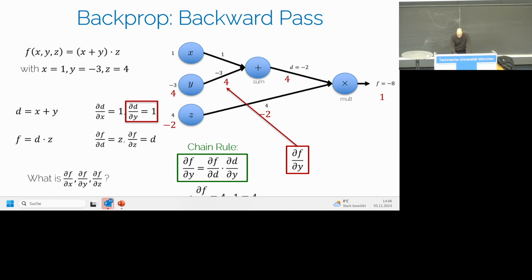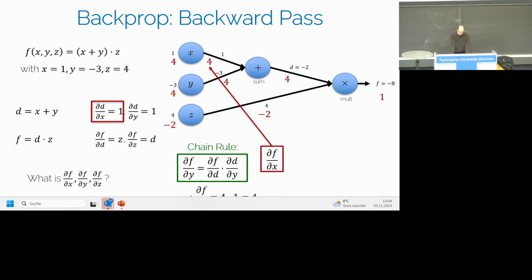And so this is 4 times dd by dy, which is 1, so 4 times 1 is a 4 here. And along the same vein, we can do df by dx, which is df by dd times dd by dx. So this is the 4 times the 1 here, which gives us the 4.